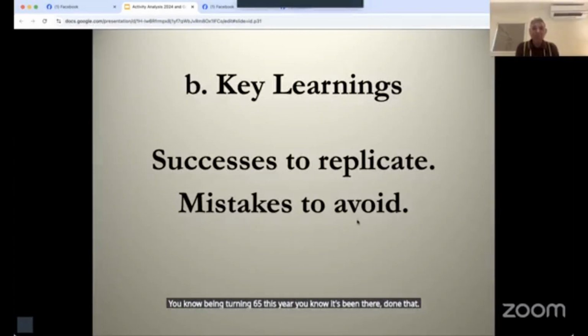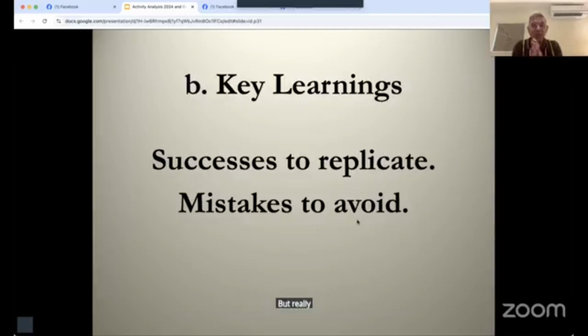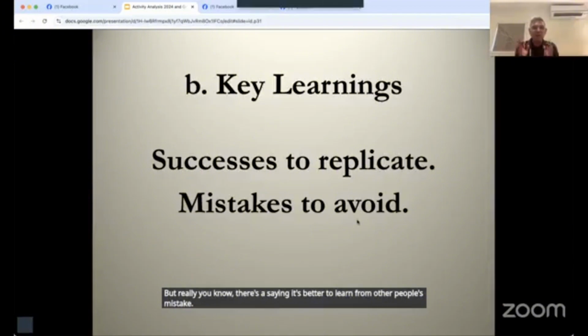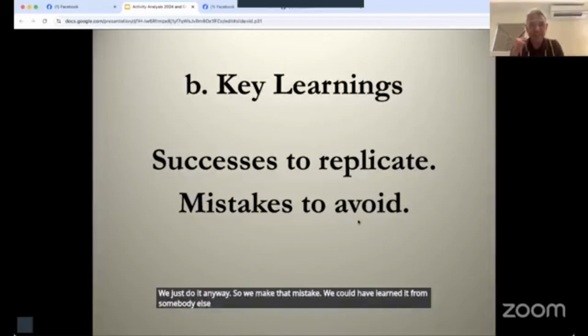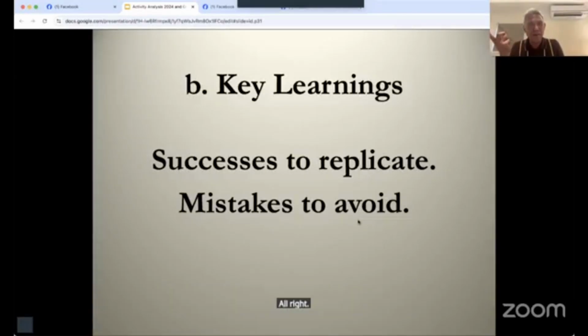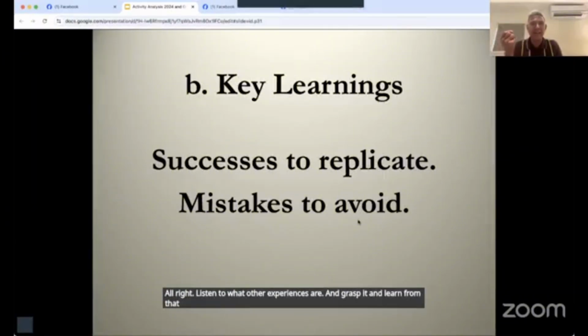But there's a saying, it's better to learn from other people's mistakes. But given human nature, we're so hard-headed, we just do it anyway, so we make that mistake. We could have learned it from somebody else. So listen to what other people's experiences are, grasp it, learn from that, and hopefully apply it. Next slide.